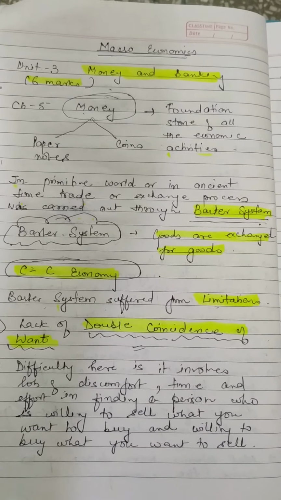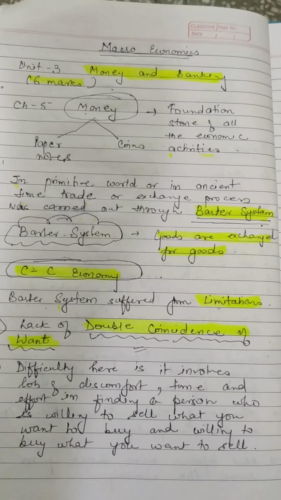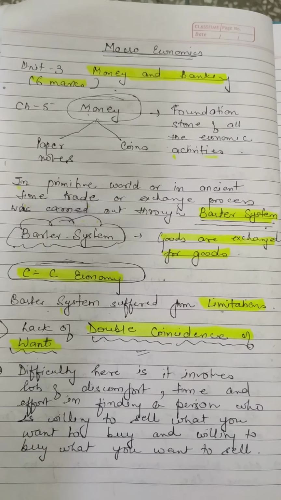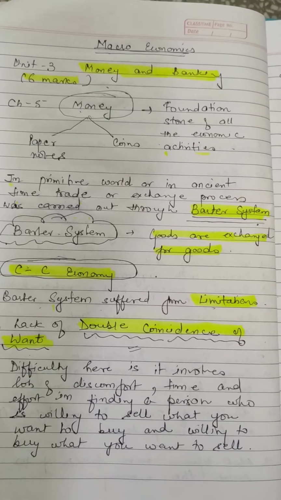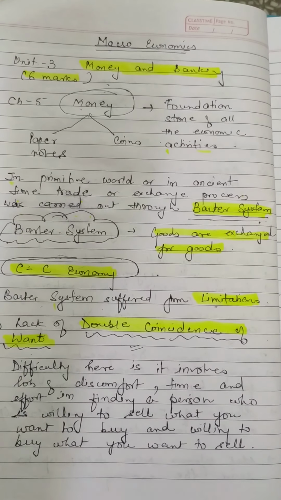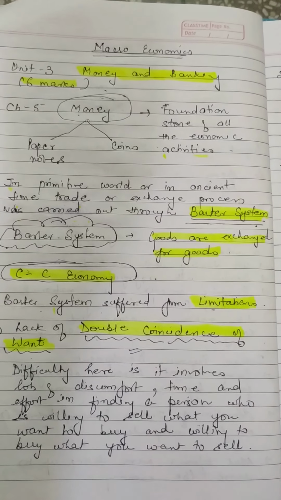If I have cloth and I need wheat, I need to find a person who has wheat and wants my cloth, so that I can exchange my cloth with him. So this is double coincidence of want.